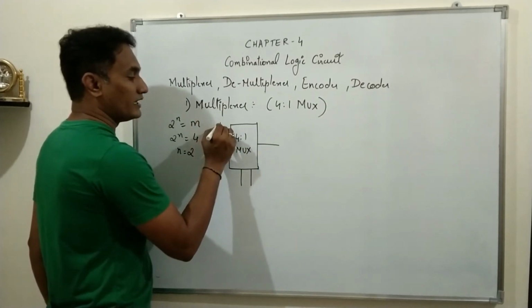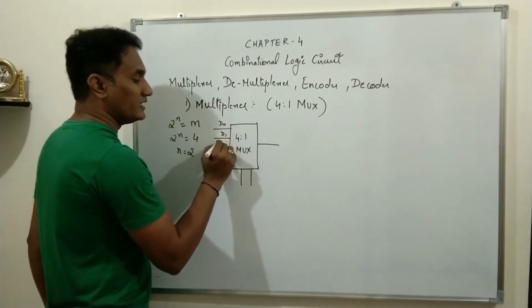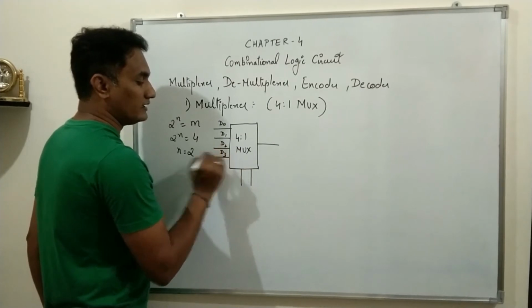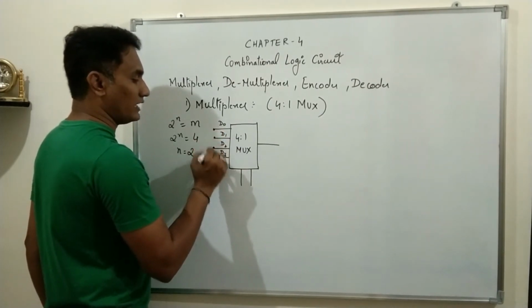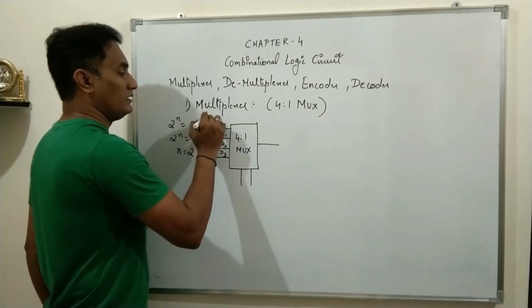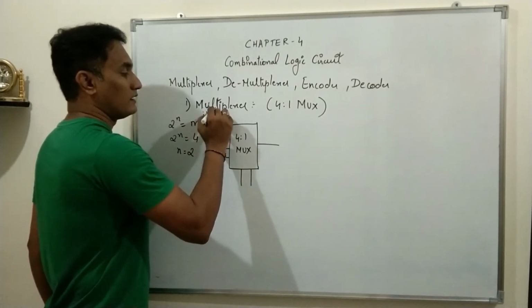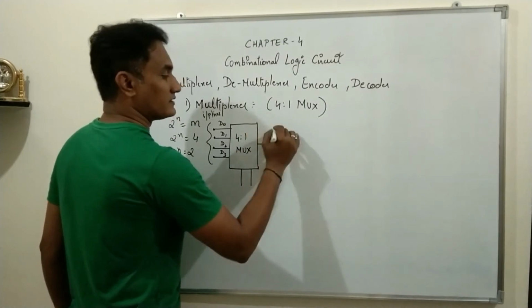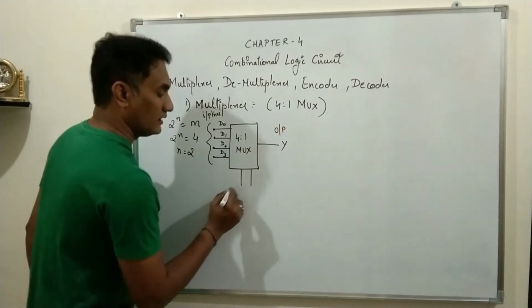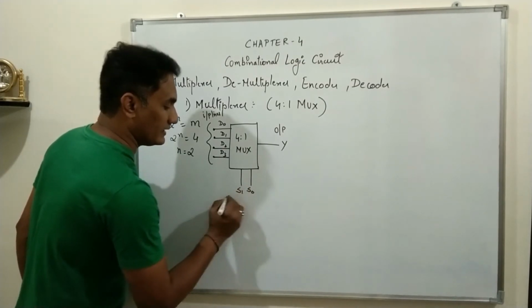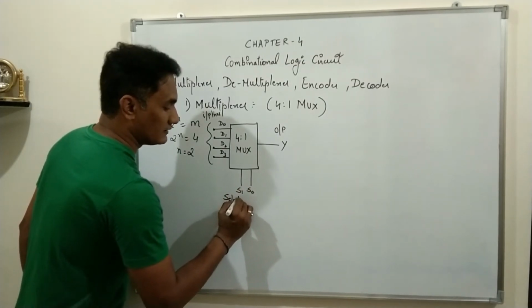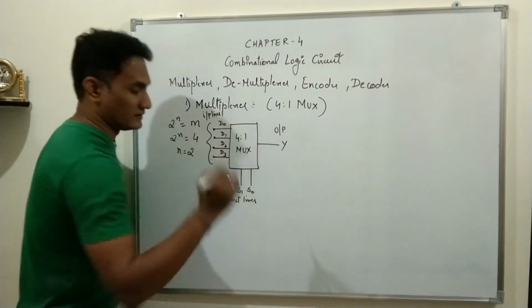Let the inputs be D0, D1, D2, D3. These are all your input lines. Let this be the output Y, and then the select lines S1 and S0.